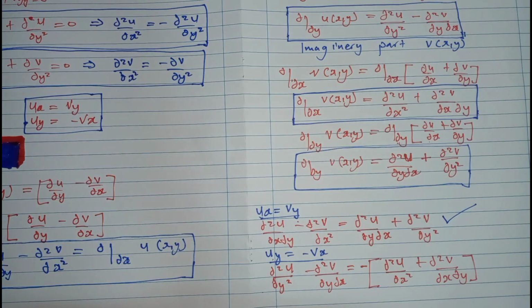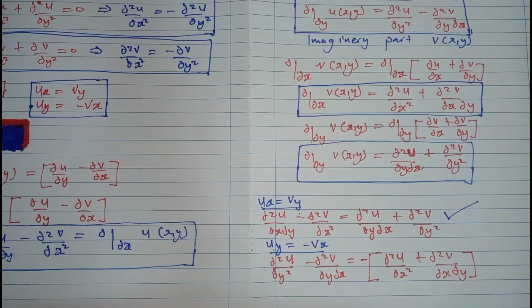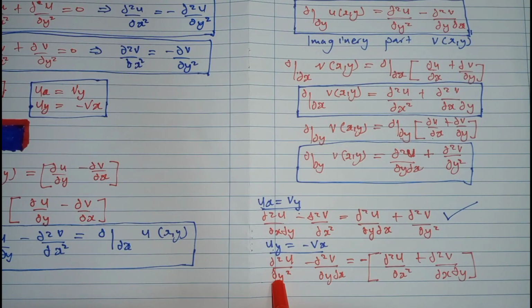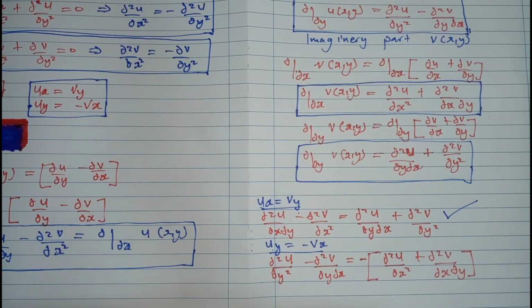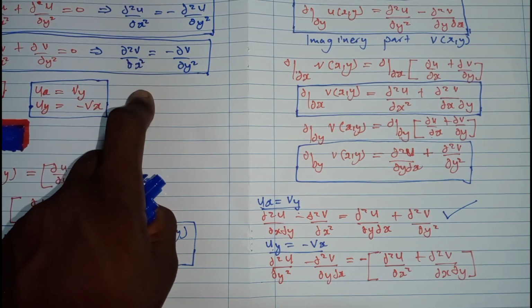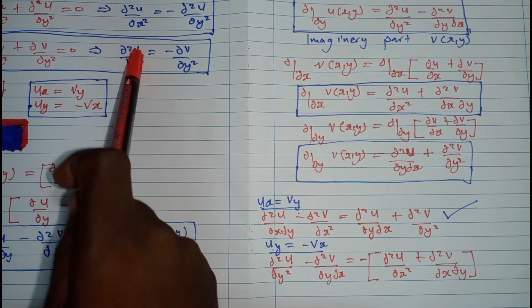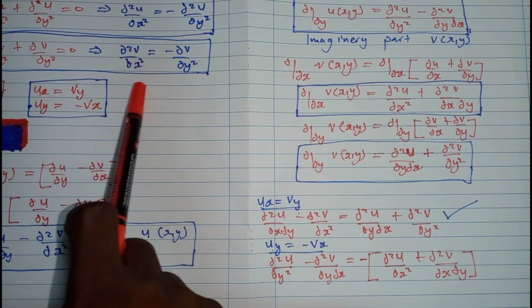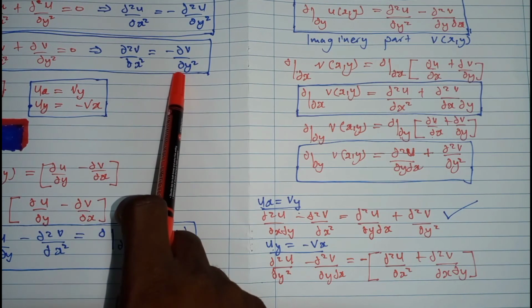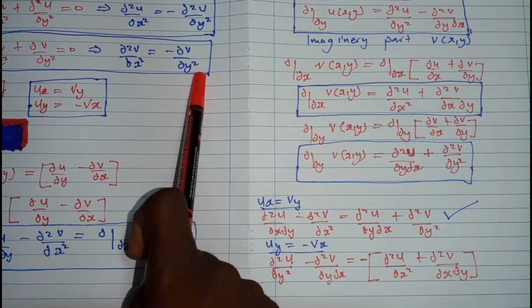Okay, so let's see. If we multiply here by negative, this one is going to become negative. Okay, but here we have a positive, and this is also going to become a negative. So if this becomes a negative, it is going to be equal to this one. Okay, there's no doubt here. But what is happening? This one is a positive, but this one is going to become a negative. Okay, we're still going back here to harmonic equations. We're also told that the partial 2v over partial x squared is also equal to the negative of partial 2v over partial y squared, as you can see right here.